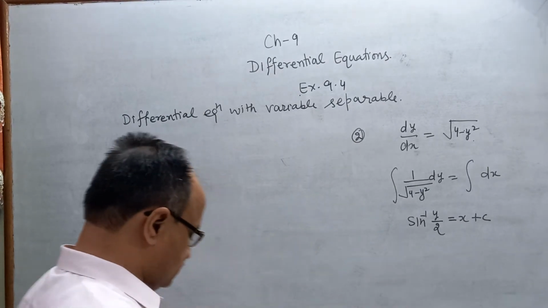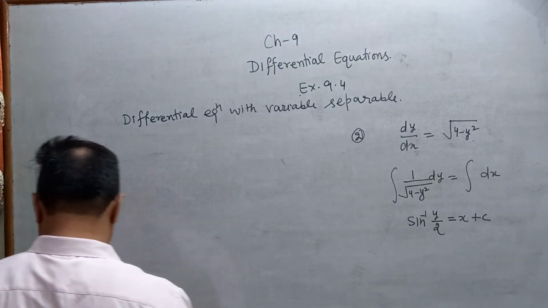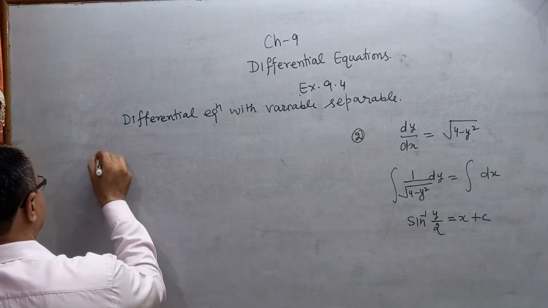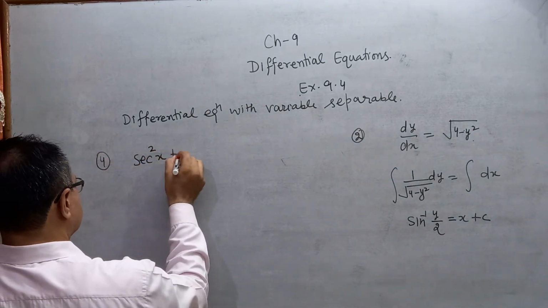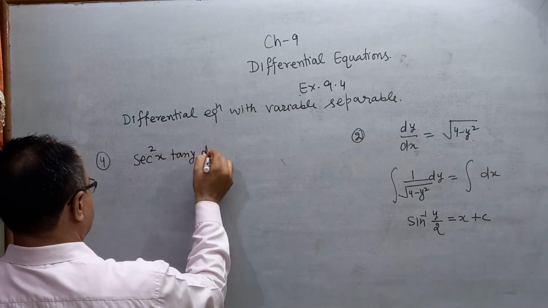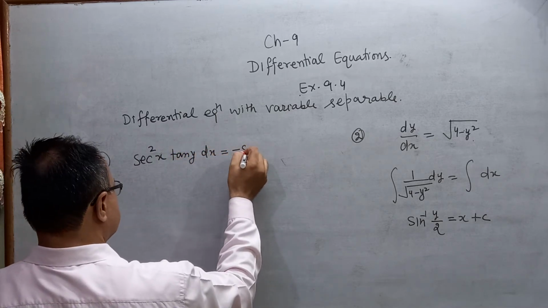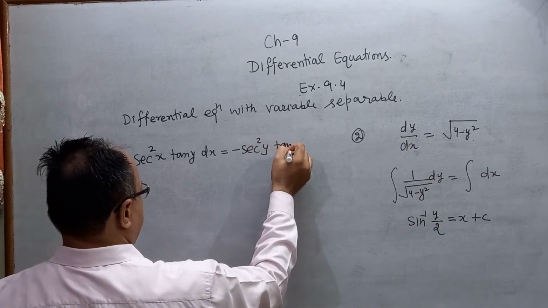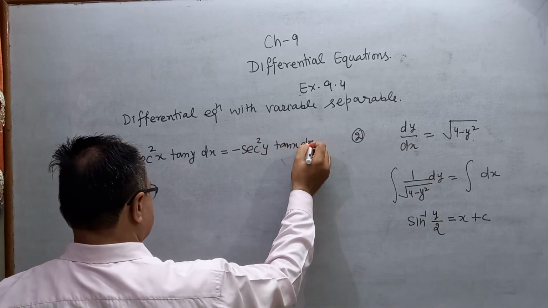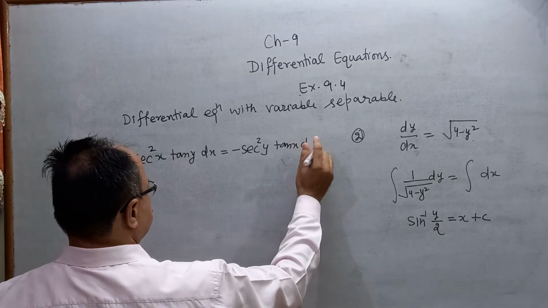Next question, fourth: sec square x tan y dx is equal to minus sec square y tan x dy.